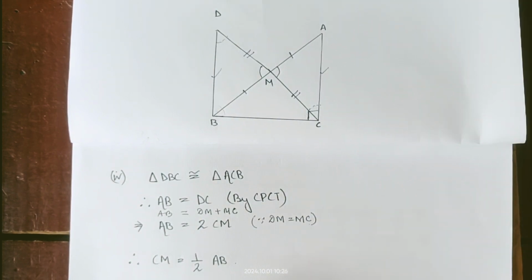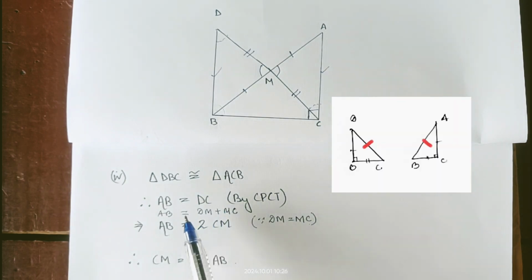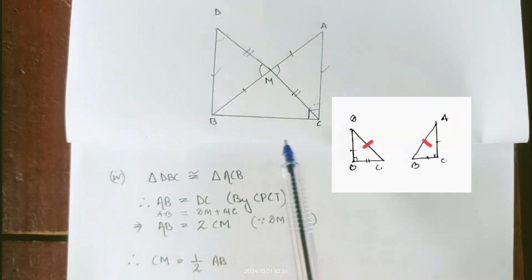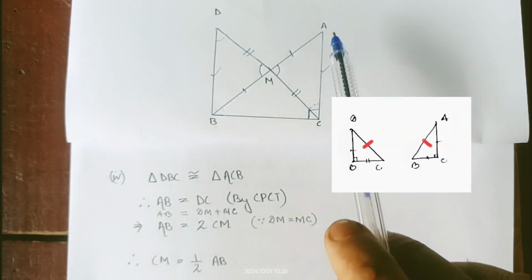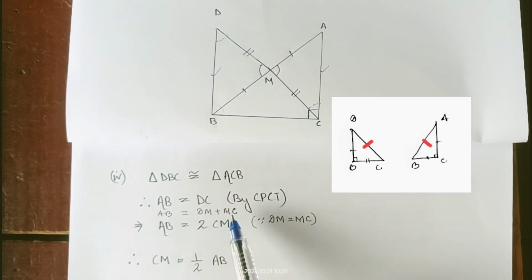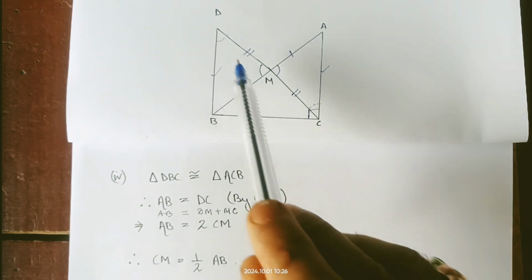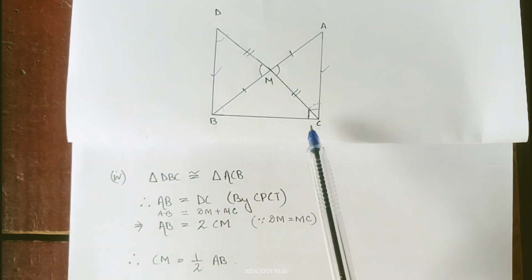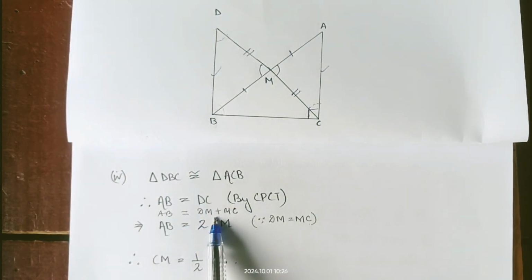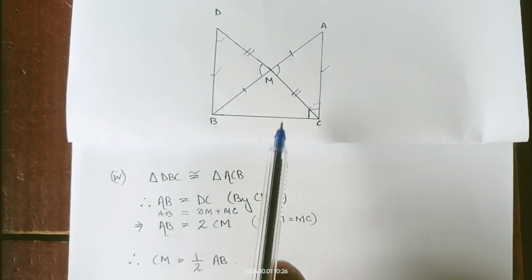In the last part we have to show that CM is half of AB. Since we have shown that triangle DBC is congruent to triangle ACB, we can write AB equal to CD by CPCT. Now CD equals CM plus DM, so AB equals DM plus MC.